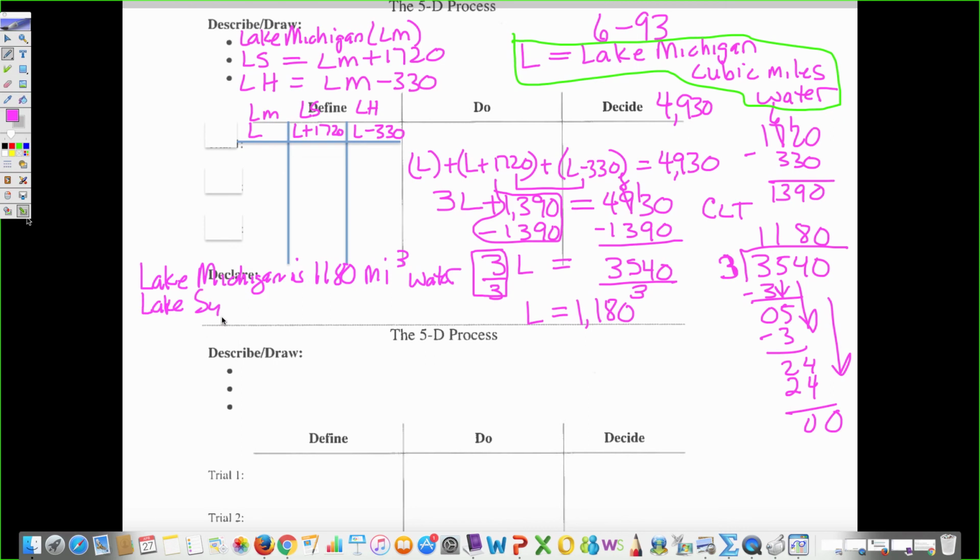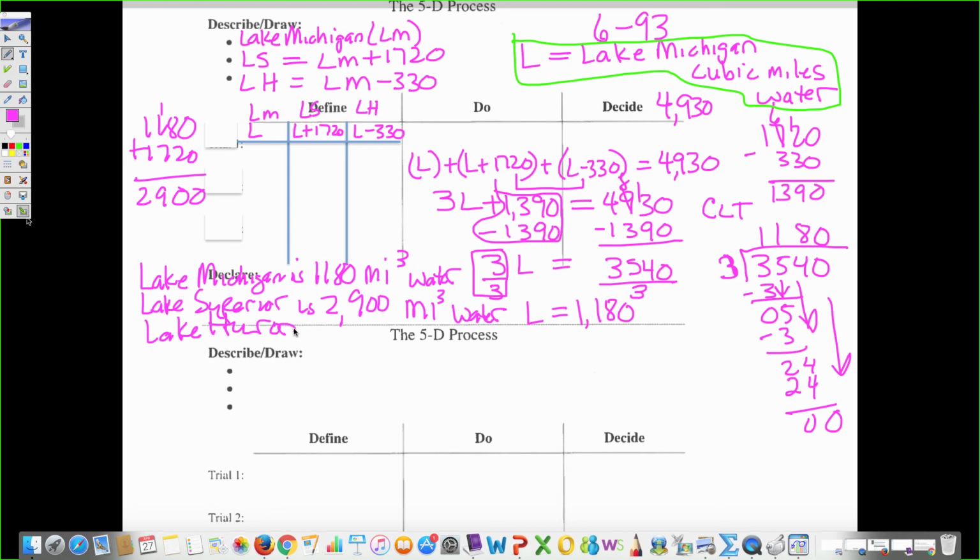Then Lake Superior is, remember, plus 1,720, so let's do that. We have 2,900 cubic miles of water for Lake Superior.